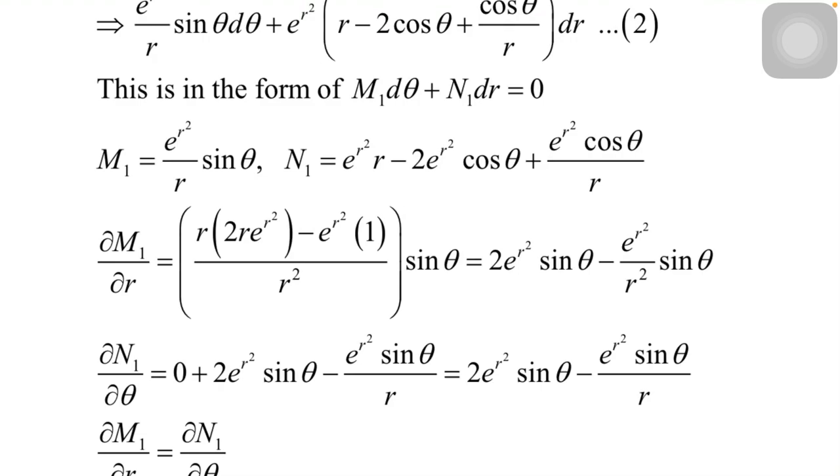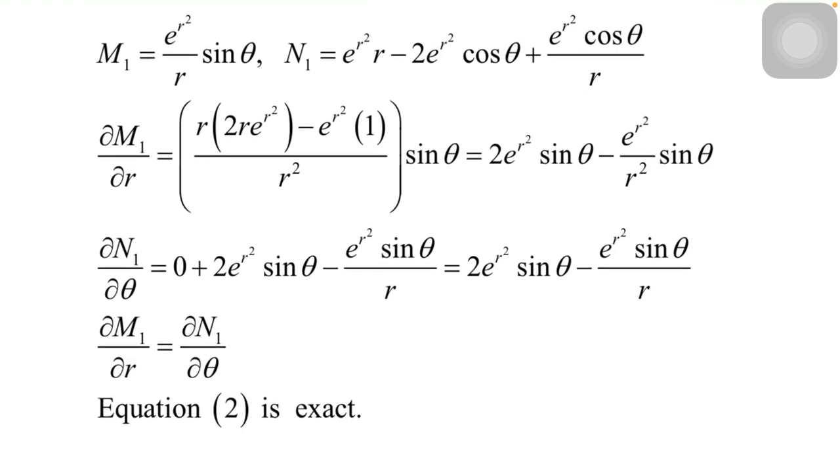So it is 0 plus 2 into e power r square sin theta, because cos theta derivative is minus sin theta, and e power r square by r is constant, derivative of cos theta is minus sin theta. So finally it is equal to 2 into e power r square sin theta minus e power r square by r into sin theta. Okay, and observe that dou M1 by dou r is equal to dou N1 by dou theta. So this is exact.